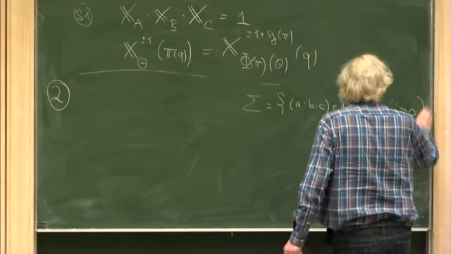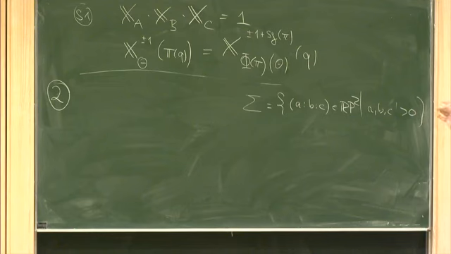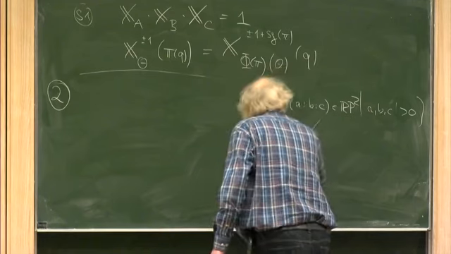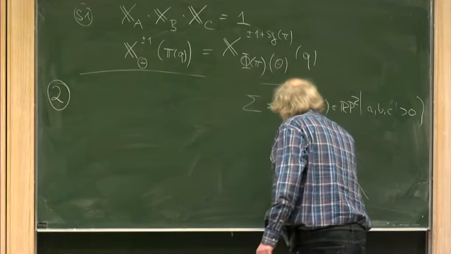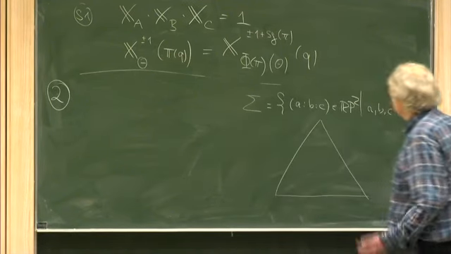I write they are all positive. So in projective space they all have the same sign. So this is really a triangle with an affine structure.